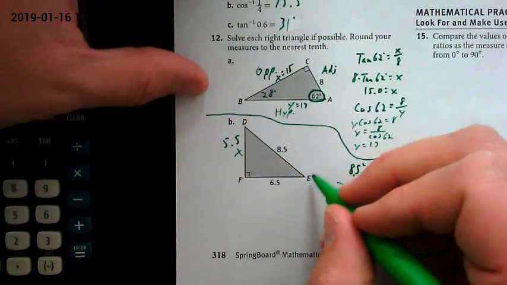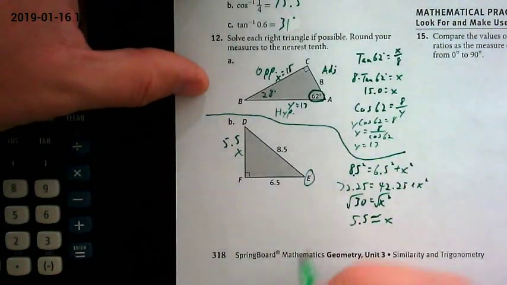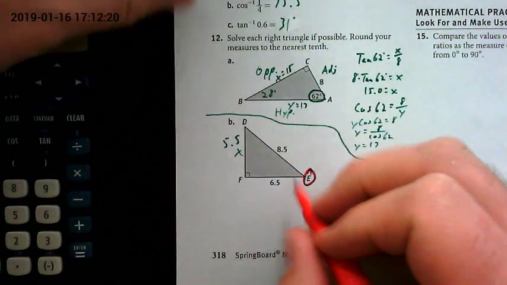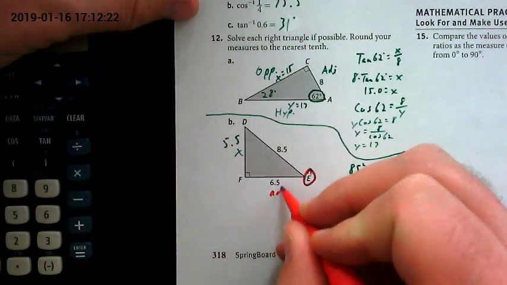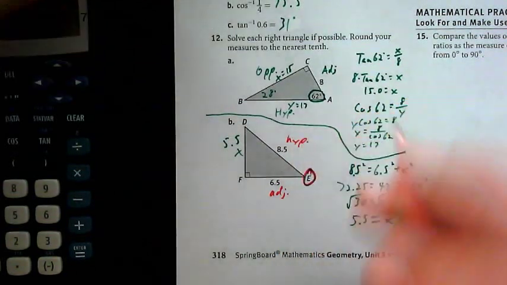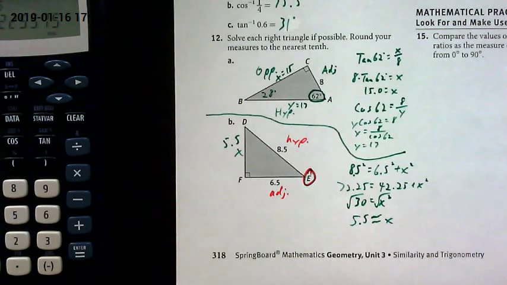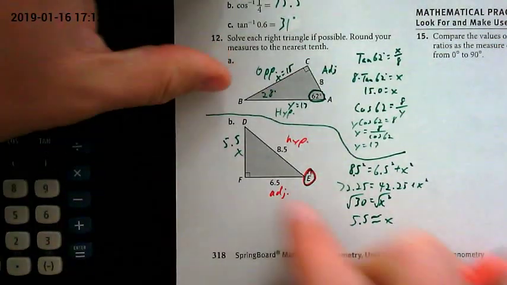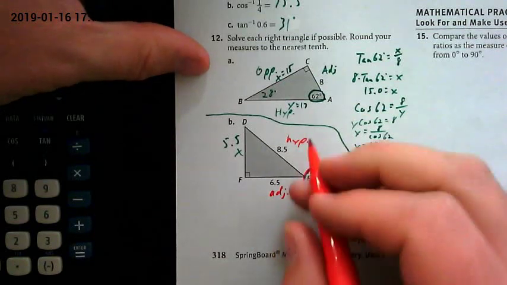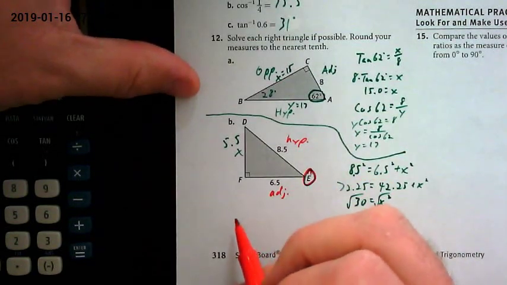So, let's say we solve for E first. If we base this off of E, right here, I'll use a different color. If we solve for E, this would be our adjacent, and this would be our hypotenuse. Now, I'm not going to use the opposite because we rounded. So I don't want to use the opposite. So I'm just going to use adjacent and hypotenuse. So this would be cosine.